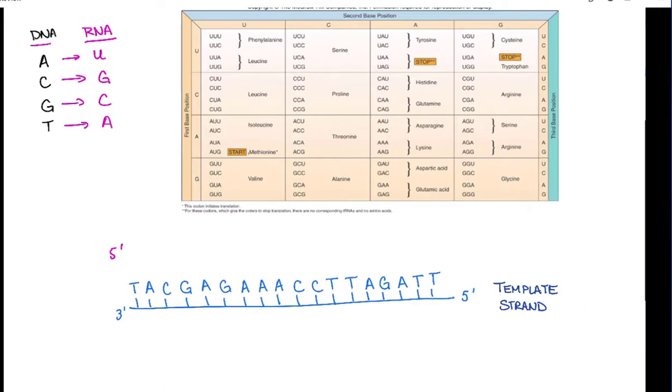All right, so now that I have that, let's go ahead and make this RNA transcript. So T is going to pair with A, A is going to pair with U, C is going to pair with G, G is going to pair with C, etc. So let me finish this real quick.